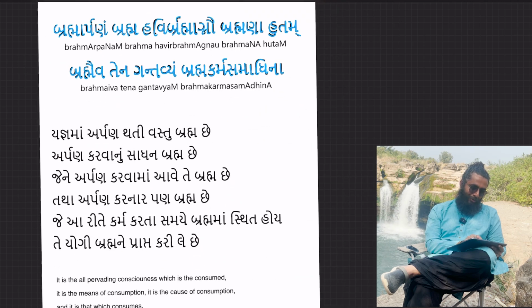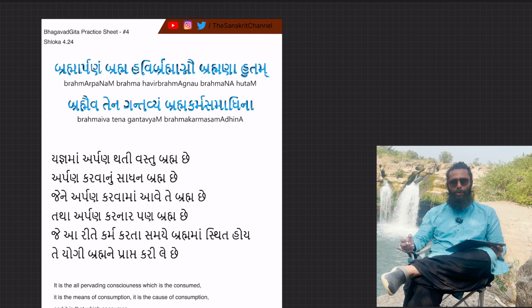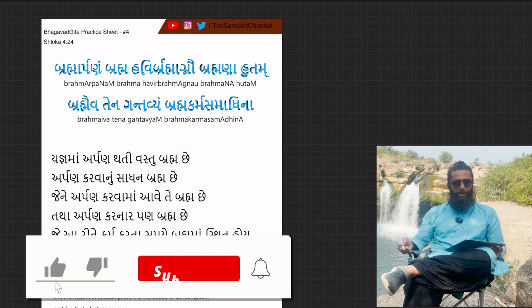The meaning of this shloka: it is important to understand the context in which Shri Krishna is saying these words. We have seen that Krishna has already presented to Arjuna the nature of the self. He has revealed to Arjuna that this self is immortal, permanent, eternal, it is without birth or death.